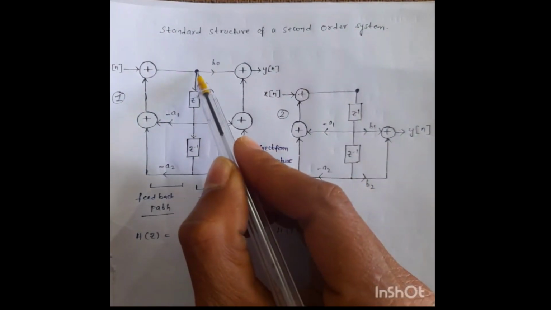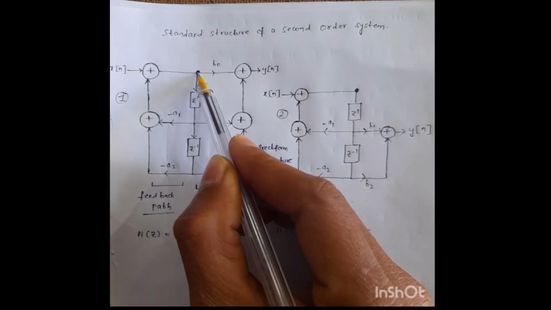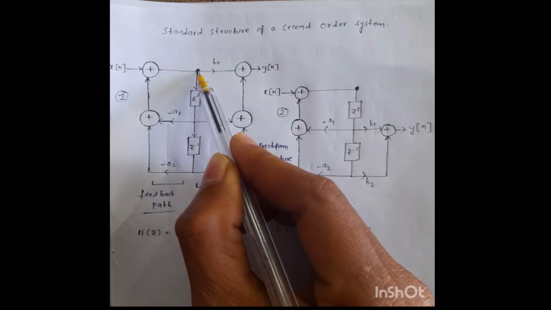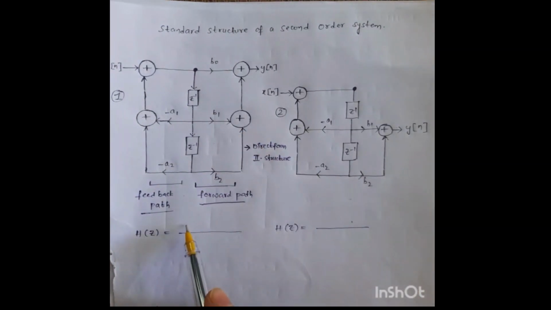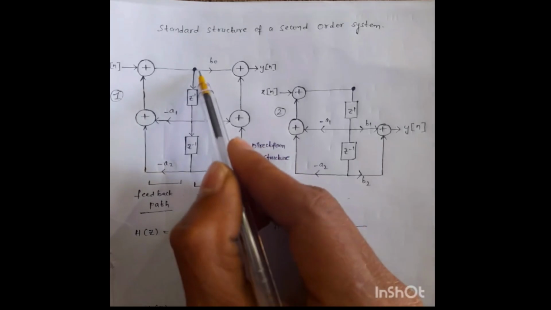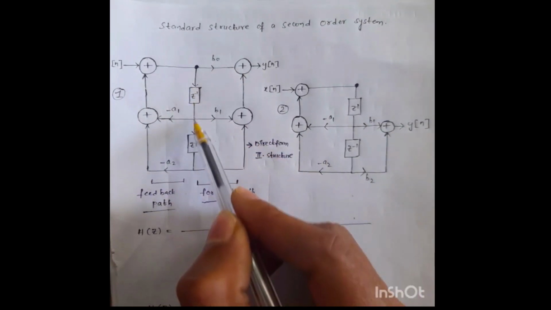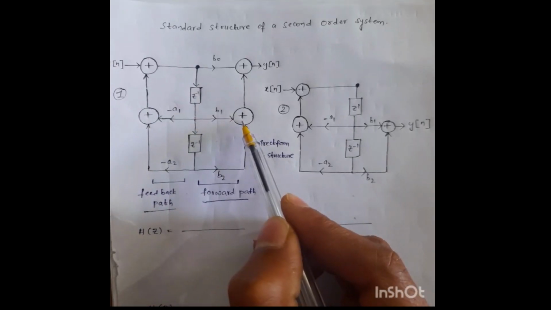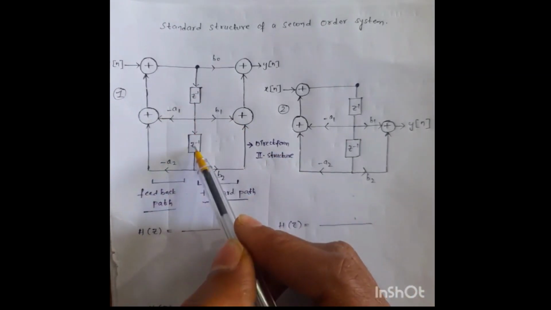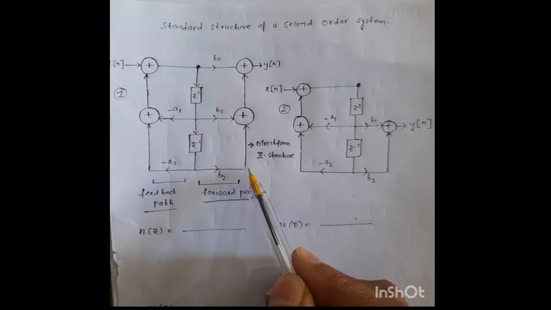Consider this point as a node. Always start from here. Now in the numerator term, just go through all the paths. This is B0 as path 1, then z inverse and B1 is path 2, and z inverse into z inverse into B2 is path 3 to the output, right?